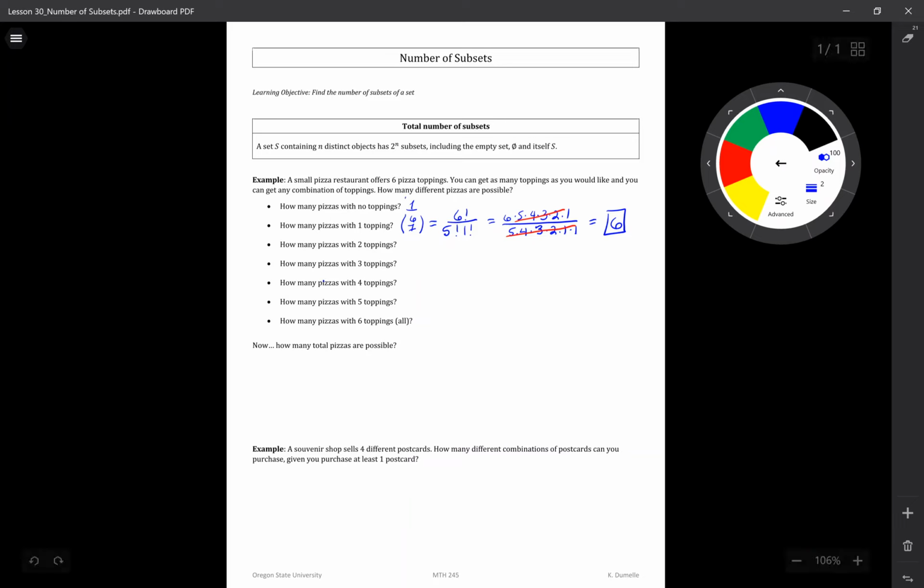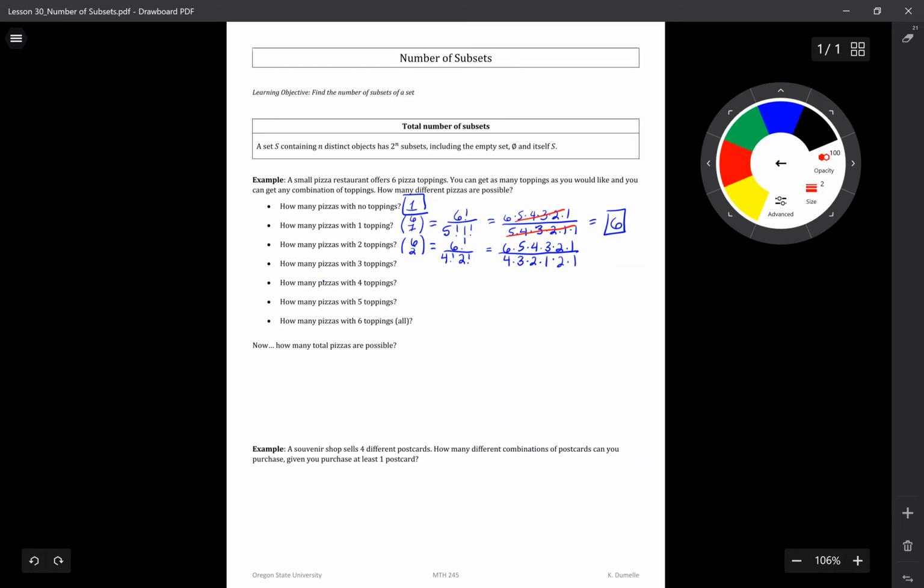Okay, how many pizzas with 2 toppings? Well, this is 6 choose 2, or 6 factorial over 4 factorial, 2 factorial. So this will be 6 times 5 times 4 times 3 times 2 times 1 over 4 factorial, which is 4 times 3 times 2 times 1, times 2 factorial, 2 times 1.